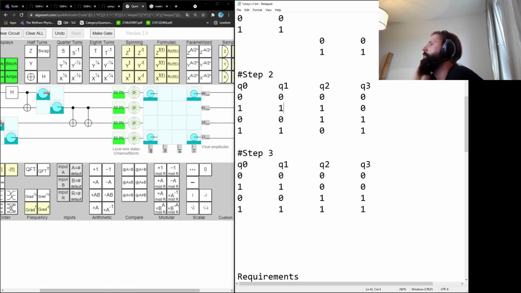Because I've come from here and I've just touched, I've essentially messed with these, but essentially I still have all the combinations 0, 0, 0, 1, 1, 0, and 1, 1, right?